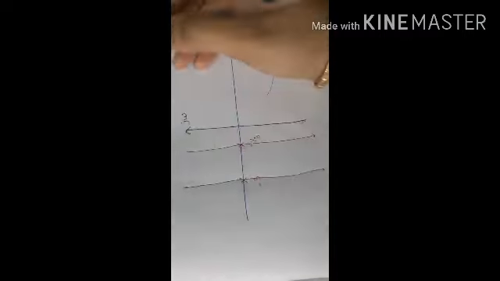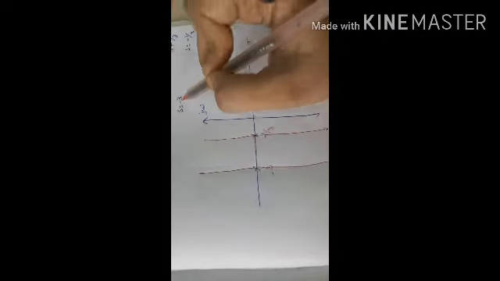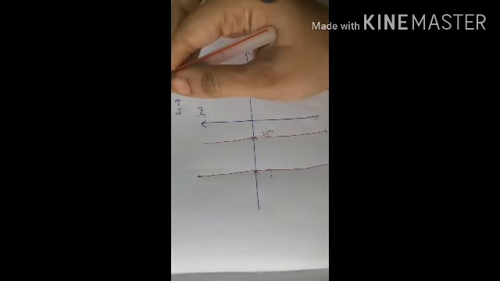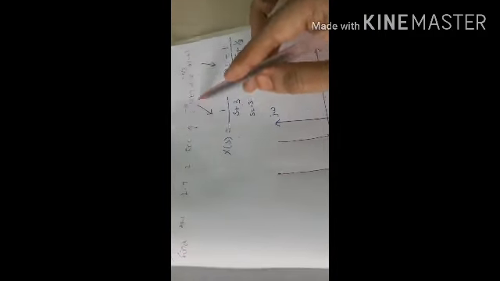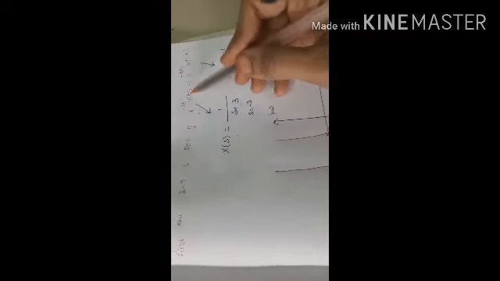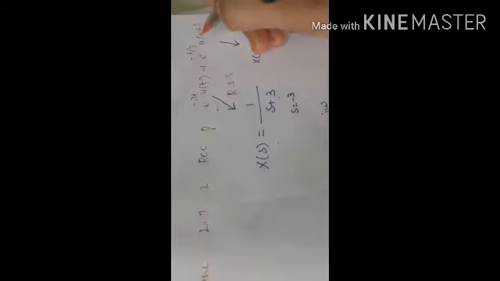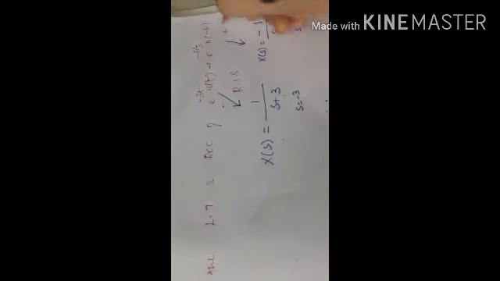Now we are going to find the region of convergence. We check whether each signal is right sided or left sided. This one is u of plus t, so it is a right sided signal. This one is u of minus t, so it is a left sided signal.